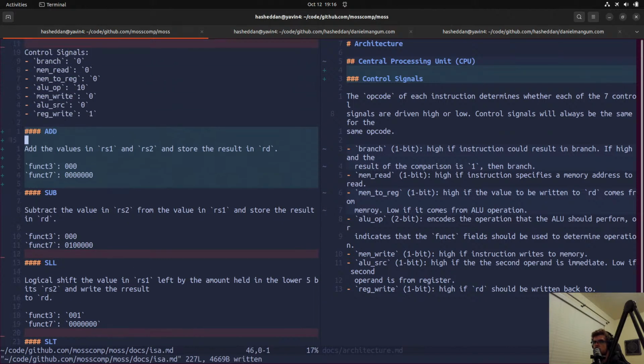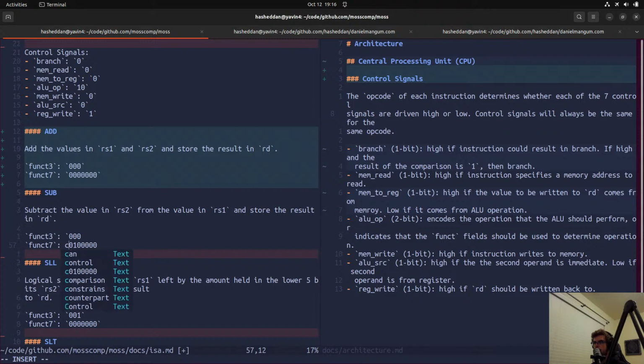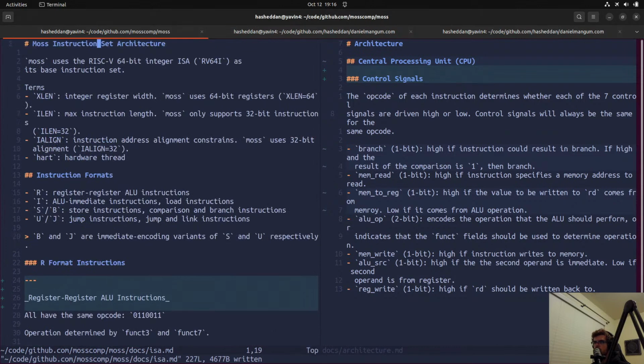All right, grab 2 more of these and then we're done here. All right, looks good. Register ALU.